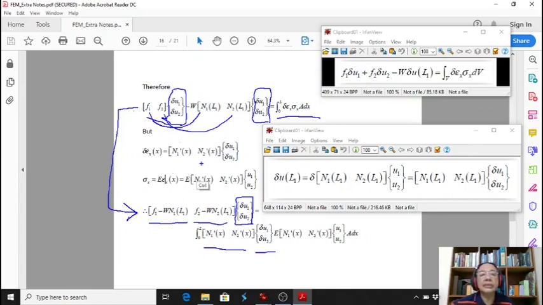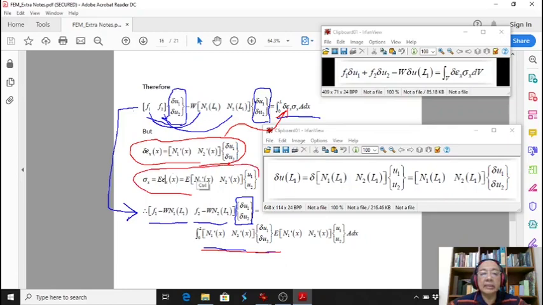We substitute this here and we find this. The stress term is also substituted here, and so we find this.